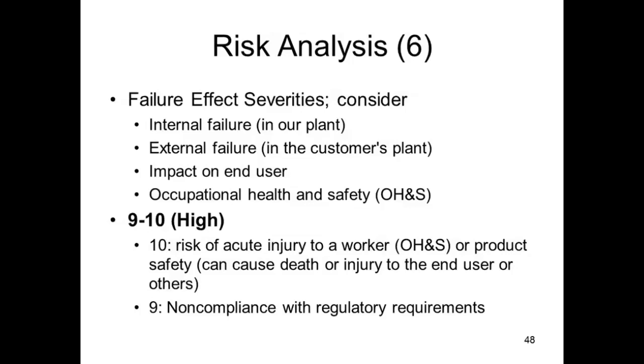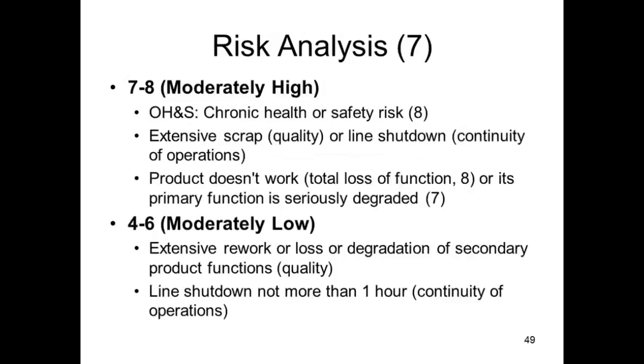9, non-compliance with regulatory requirements. And by the way, there can also be a tie-in here with ISO 45001, the Occupational Health and Safety Management System. Moderately high for occupational health and safety, say chronic health or safety is 8.